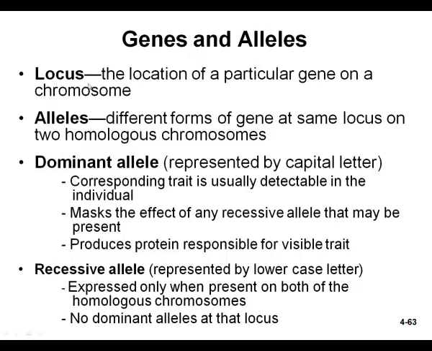The locus is the location of a particular gene on a chromosome. The alleles are different forms of genes at the same locus on two homologous chromosomes. Since you have two different alleles, one of them you inherited from the father, one of them you inherited from the mother, sometimes one of them can dominate the other.